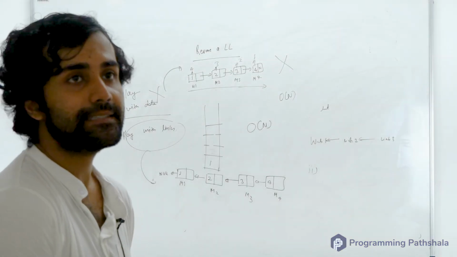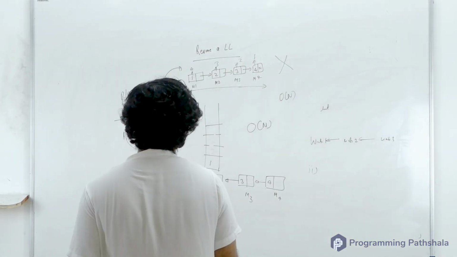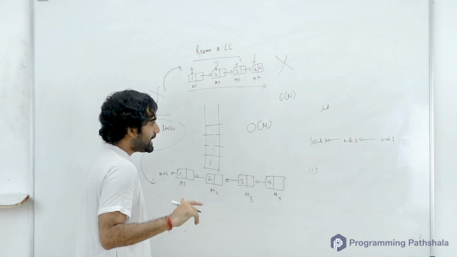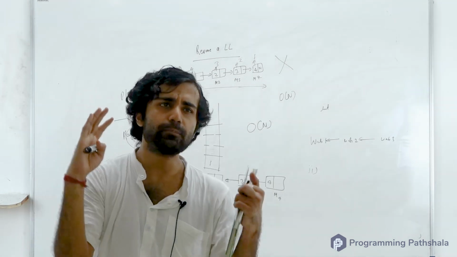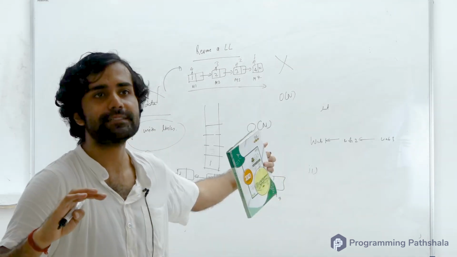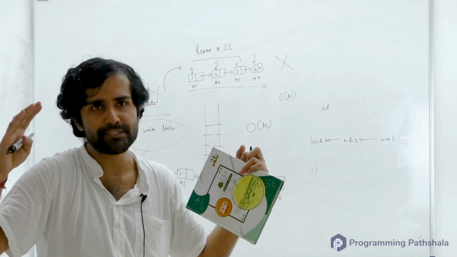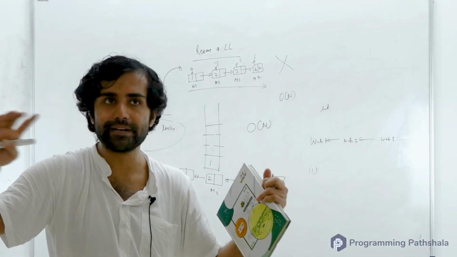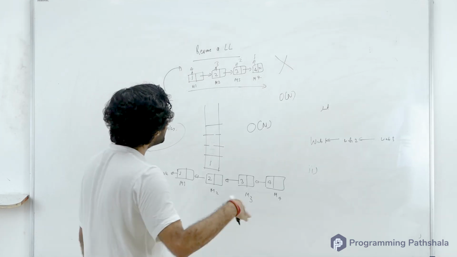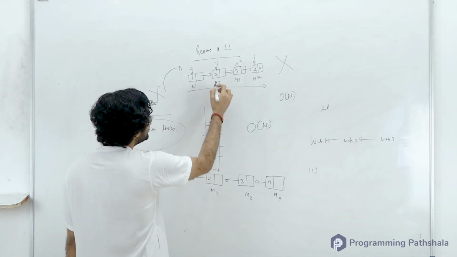The second reason is, let's say you have created your linked list and there is a program, and let's say that program has assumed that this linked list is static. That program is assuming that this is a read-only linked list, no one can tamper with it. So let's say at one point of time it tried to read something from here.